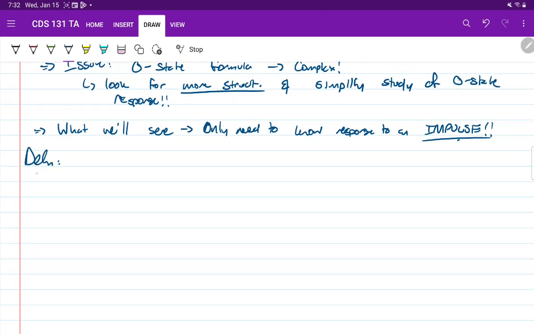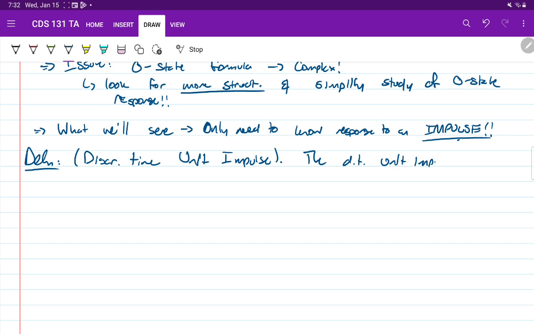So, definition: discrete time unit impulse. The discrete time unit impulse is a discrete time signal, so I'll write it with these little square brackets. It takes in an integer, from Z to R, and it's defined as follows.